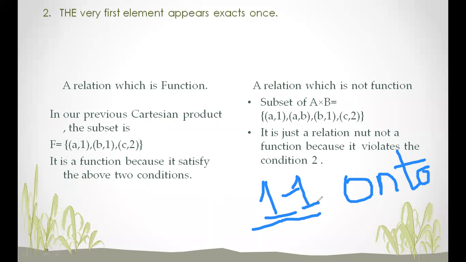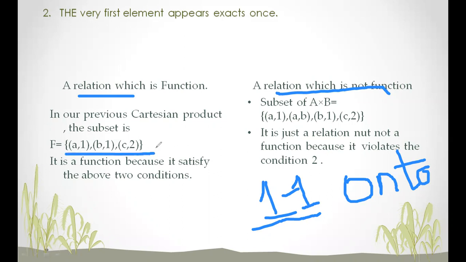So that's why for one-one and onto functions, you definitely see whether it is a function, because every relation is not a function. We explain this here. First you see, this is an example of a function.